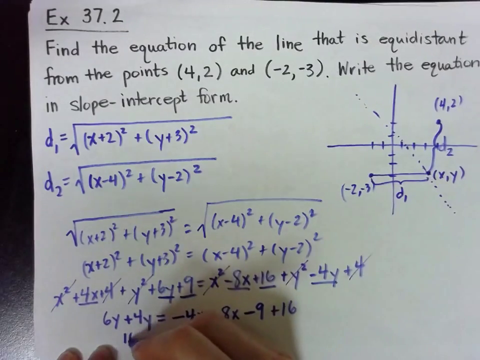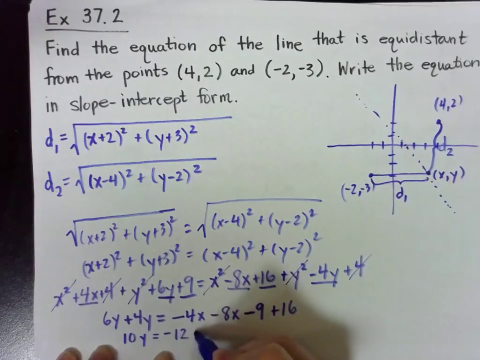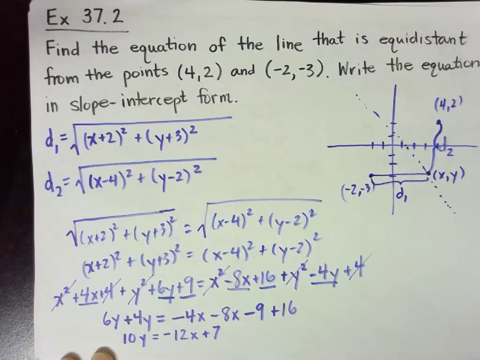Okay, so this gives us 10y equals negative 12x plus 7.